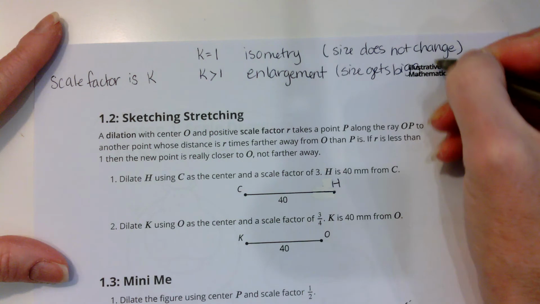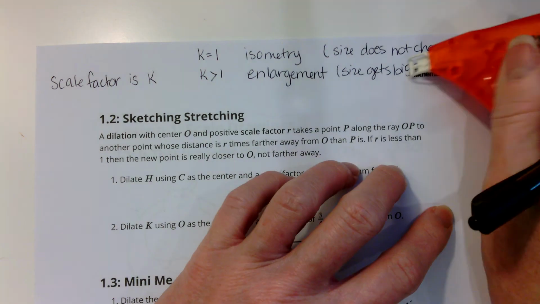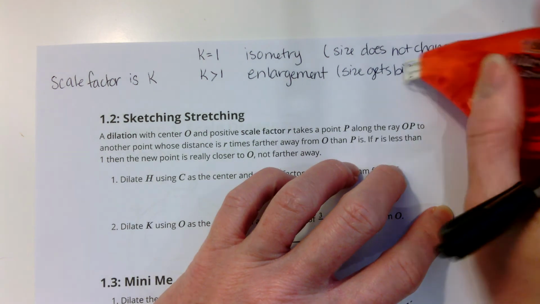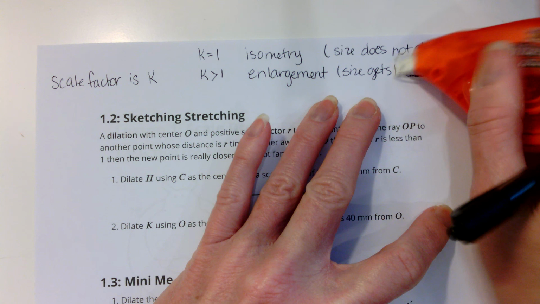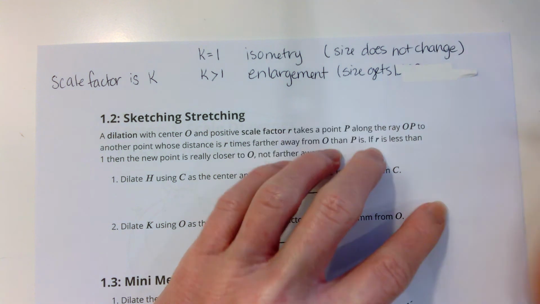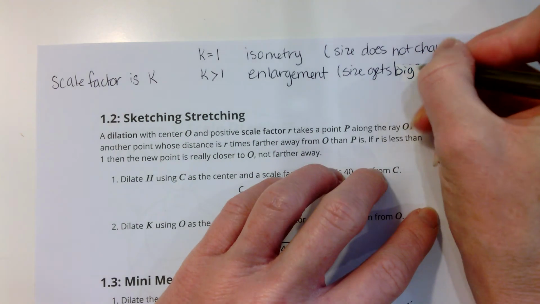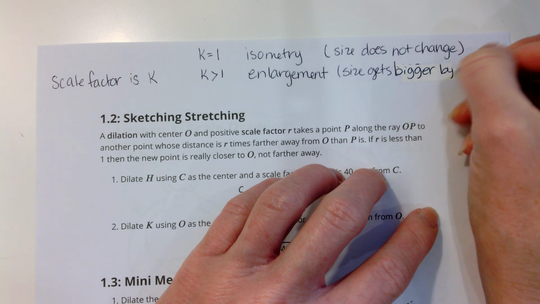Hope I'm not writing on top of this. Let me go ahead and get rid of my Illustrative Mathematics logo. There we go. Size gets bigger by the scale factor.